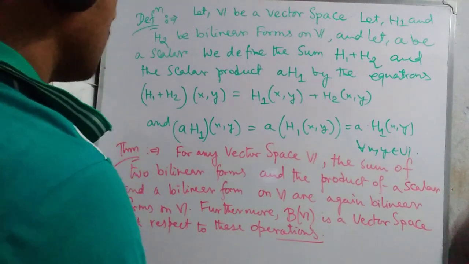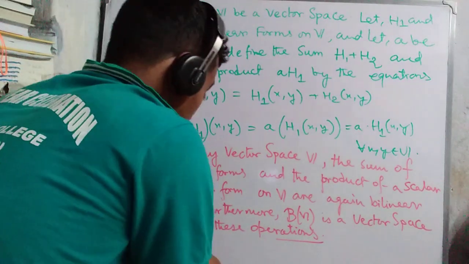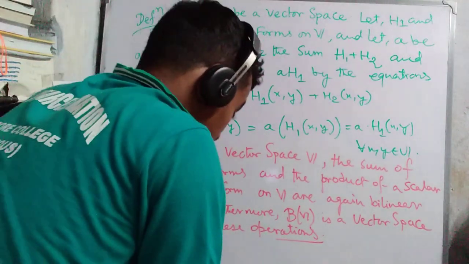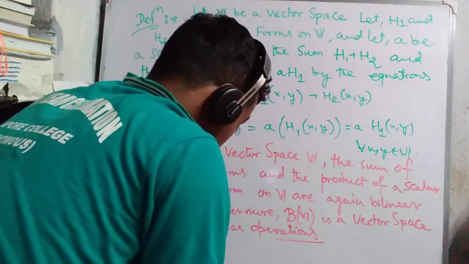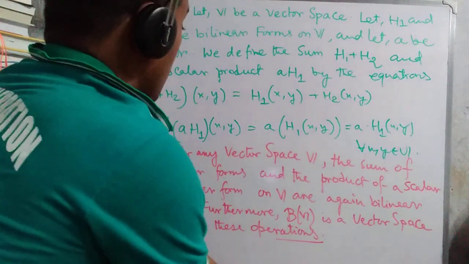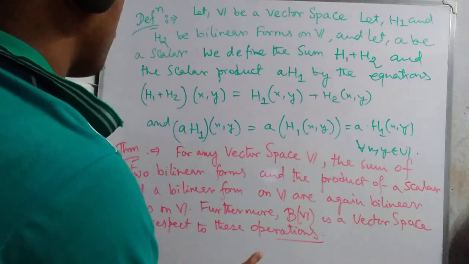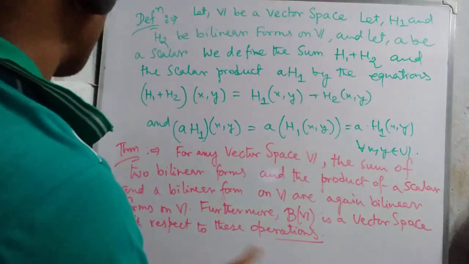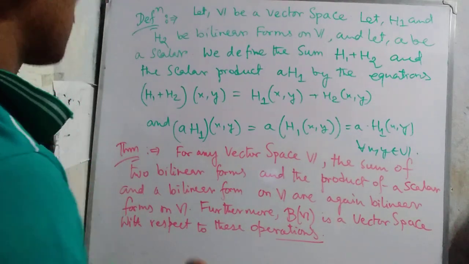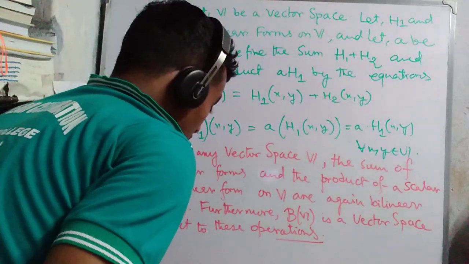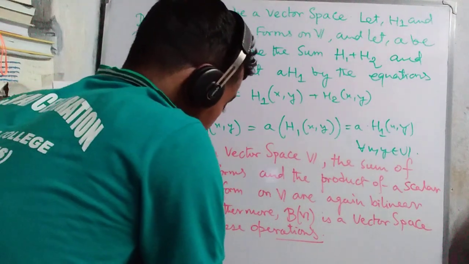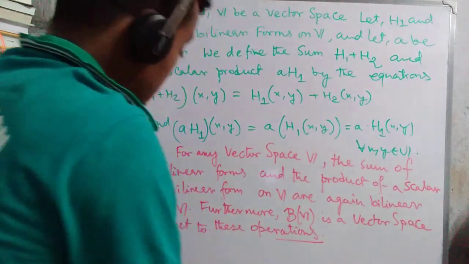Then BV, the set of all bilinear forms on V, is a vector space with respect to these operations. Understood? Now we are also going to discuss another definition.